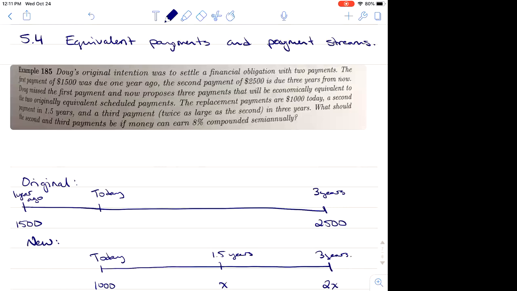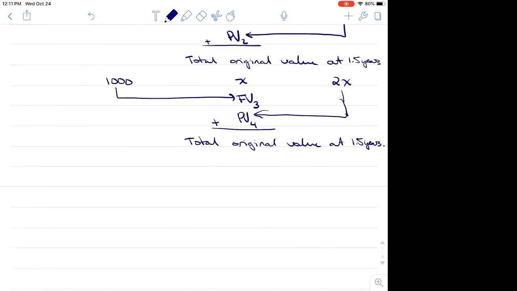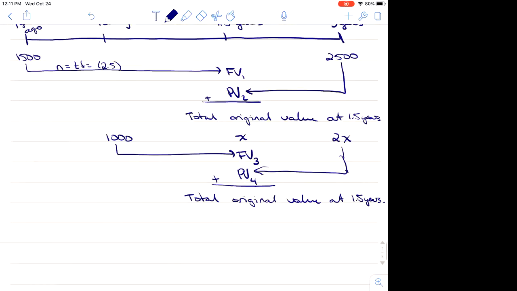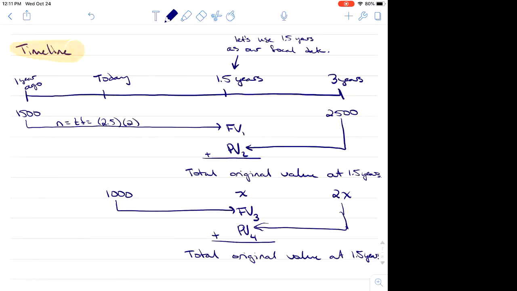If money can earn 8%, so the rate is 8%, and the frequency is semi-annually. And we want to know what the second and the third payments are. That's our overall goal. So we know that the frequency is 2. So I have 2.5 times 2 is 5.